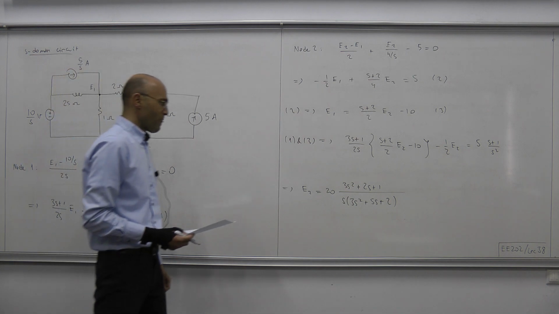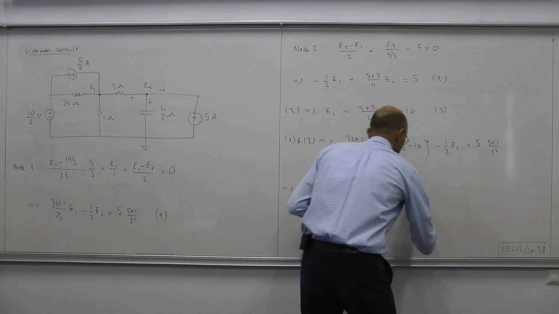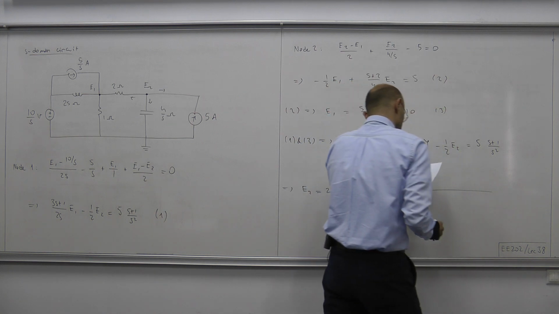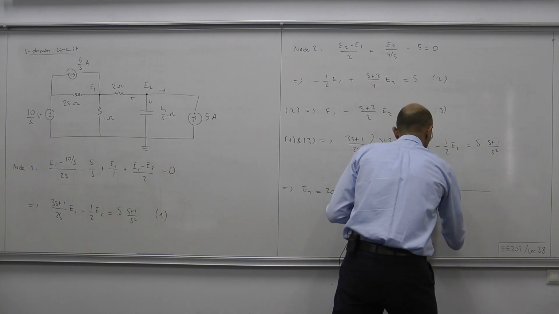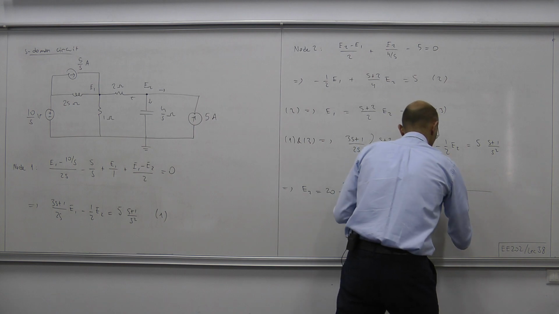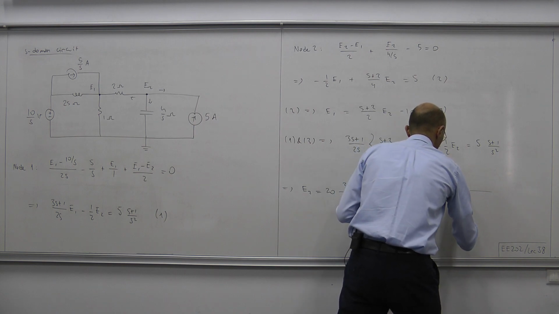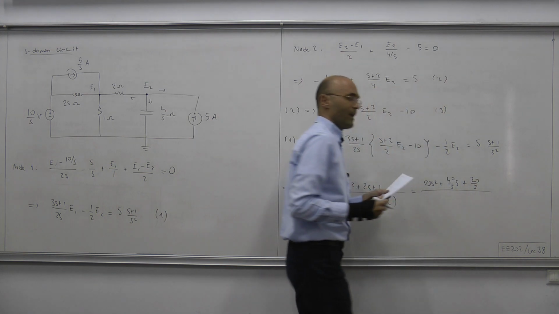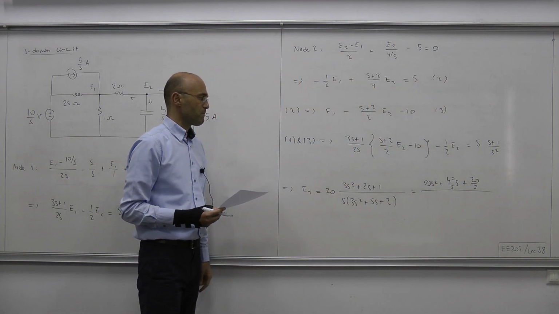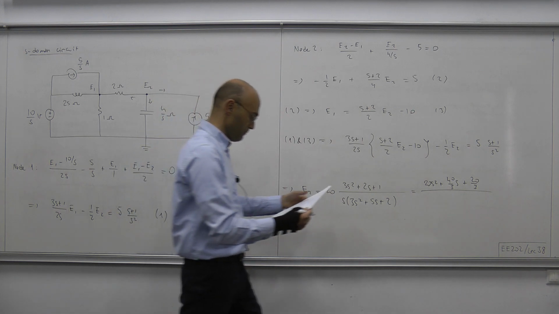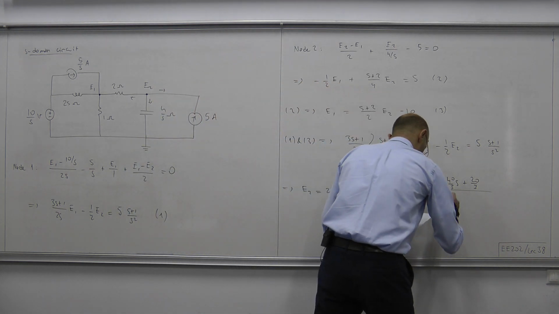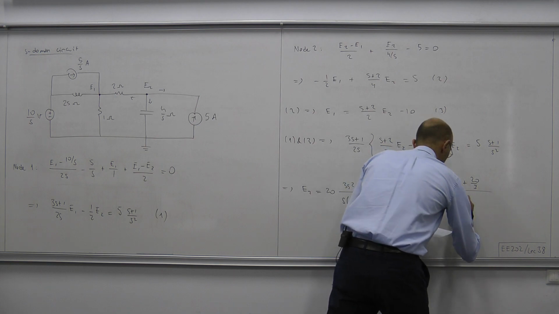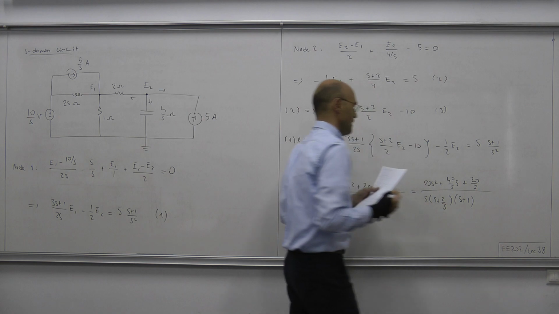Okay, and then further manipulations give us the following: 20s squared plus 40 over 3s plus 20 over 3, and the denominator in factored out form produces s plus 2 over 3, and then we have s plus 1.